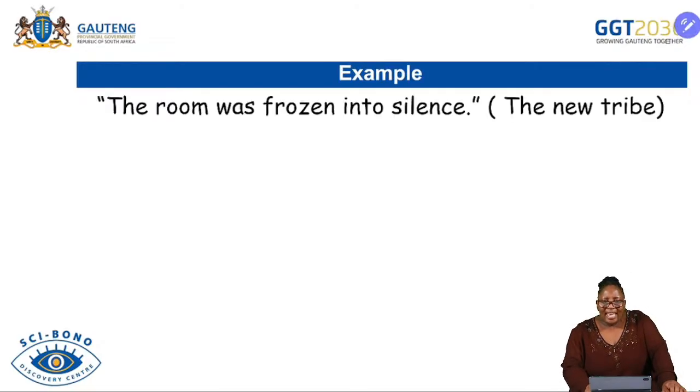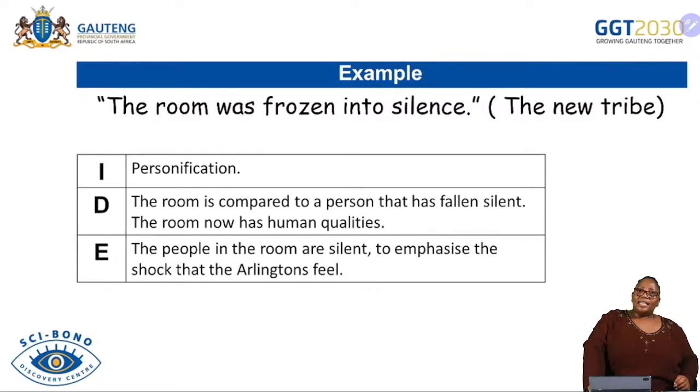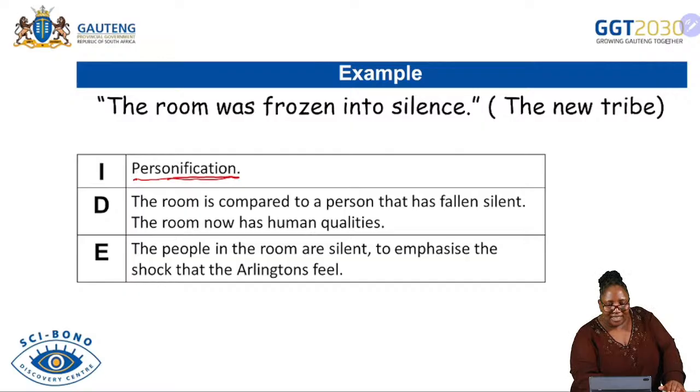We also have a third example found in the short story, The New Tribe. The room was frozen into silence. So we have an implied comparison there, which is a metaphor, which is a personification. I'm sorry about that. It's a personification.